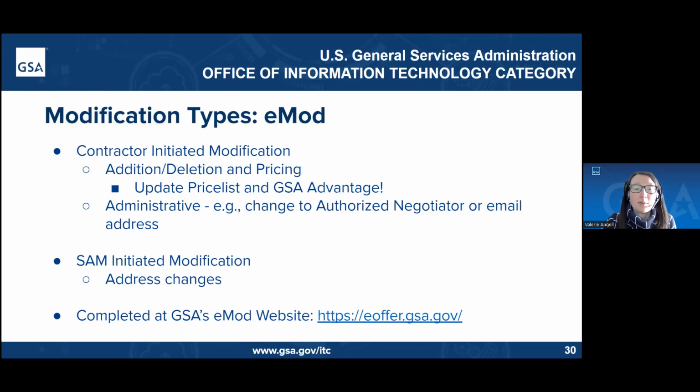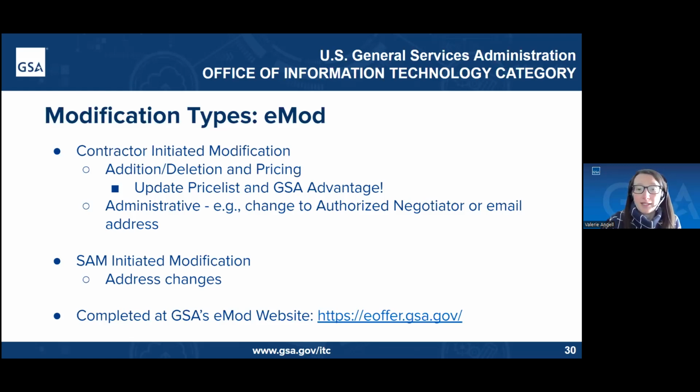All eMods are completed at GSA's eMod website, which is eoffer.gsa.gov. And there are helpful links to guidance and an interactive help center, which can guide you through the process to submit an eMod. You may want to connect with your PCO before you submit an eMod to let them know what to expect. And they may have some questions for you, or you may have some questions for them. So you may want to just give them a heads up before you submit an eMod.